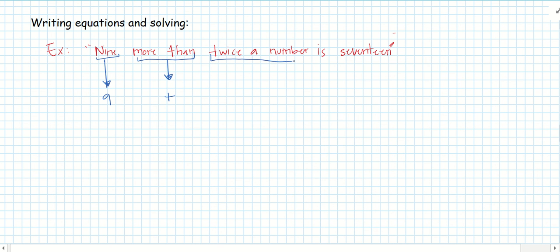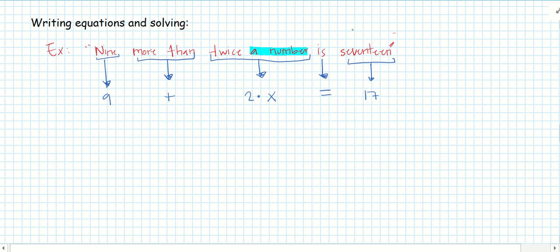Now here's where the variable comes in, because it says a number, that means we have an unknown value. Twice means 2 times, so this is going to be 2 times, let's say, number x. And then is. So this is a new part. Is in math is translated as equal. So the word is in math becomes the equal sign, and then 17.